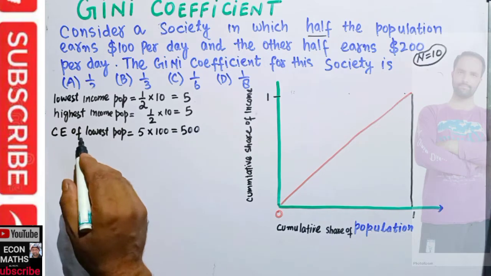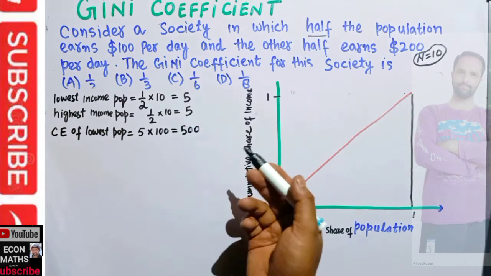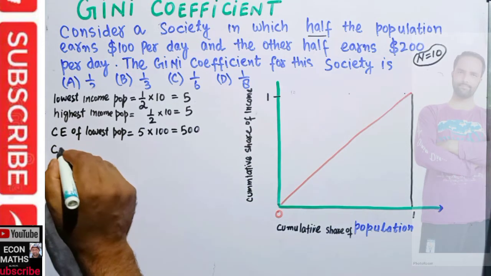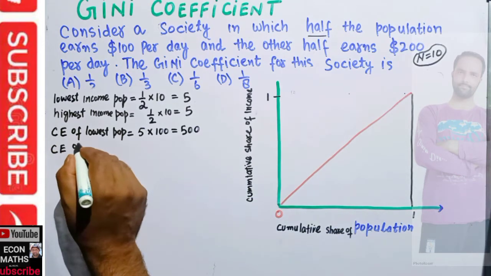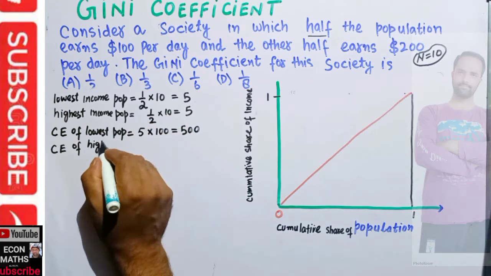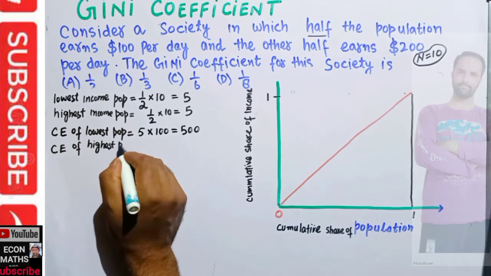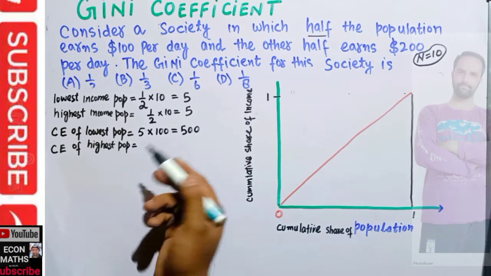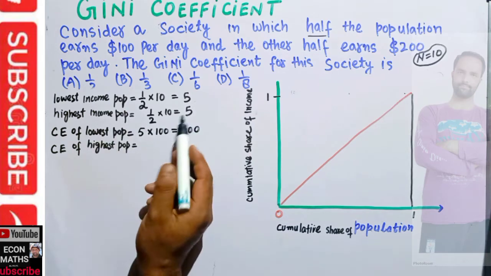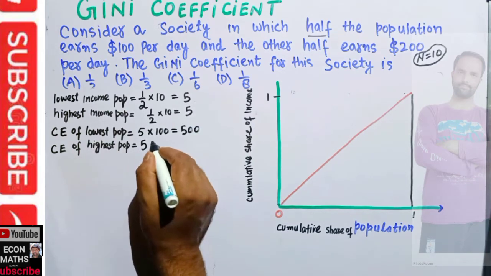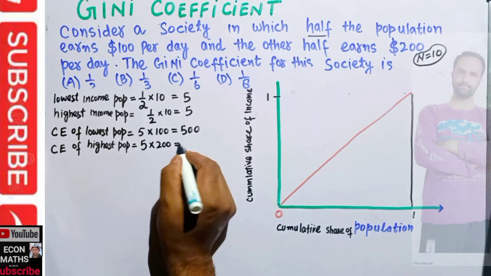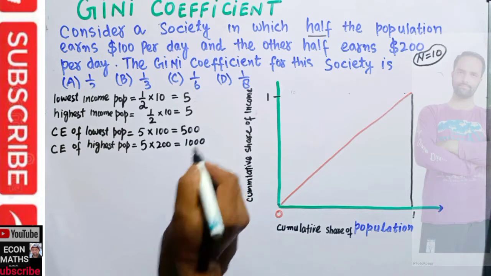Symmetrically, the cumulative earnings of the highest population, the rest 50%, will be 5 people times the income they earn, that is 200, which comes out to be 1000.